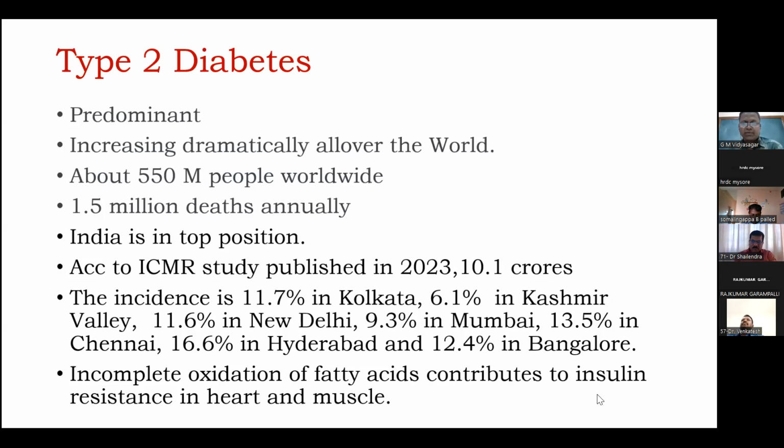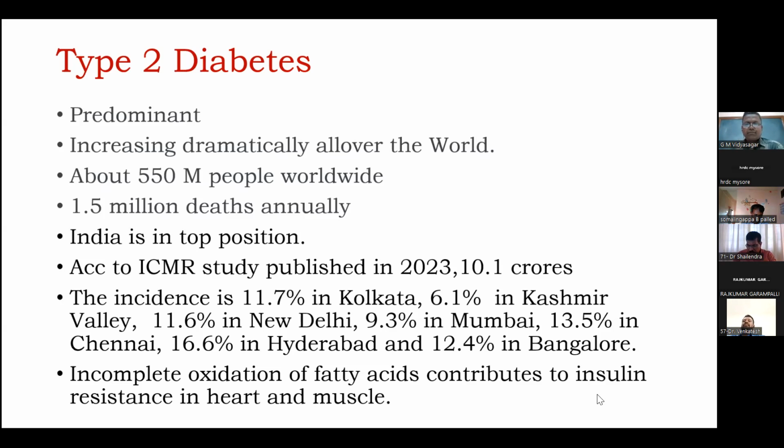According to ICMR studies published in 2023, we have almost 10 crore people with diabetes in our country. There is also a report which says that the incidence of diabetes in some metro cities is, for example, in Kolkata 11.7, in Kashmir Valley 6.1, in New Delhi 11.6, Mumbai 9.3, Chennai 13.5, Hyderabad 16.6, and in Bangalore around 12.4.